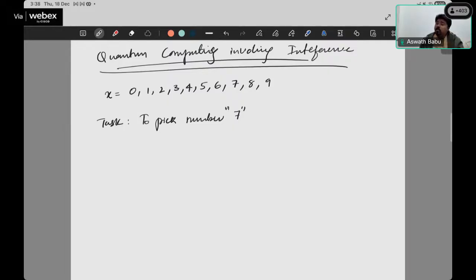But here, if I ask a person to do it, he may do it randomly. On his lucky day, he may get it in the first attempt, maybe the second or third attempt. On his worst day, he may get it in the last attempt, that is the 10th attempt.